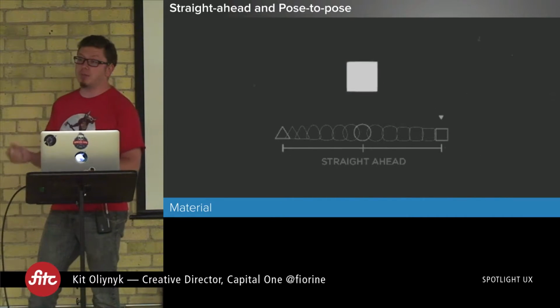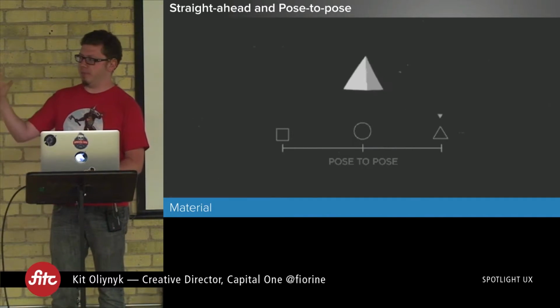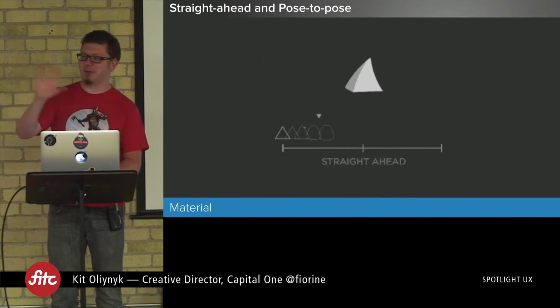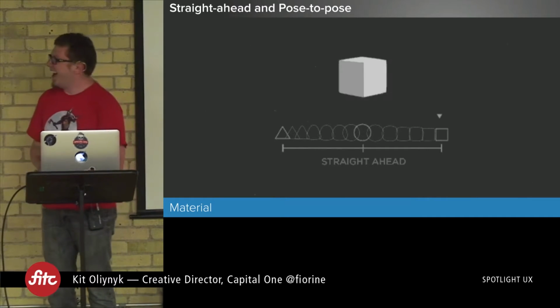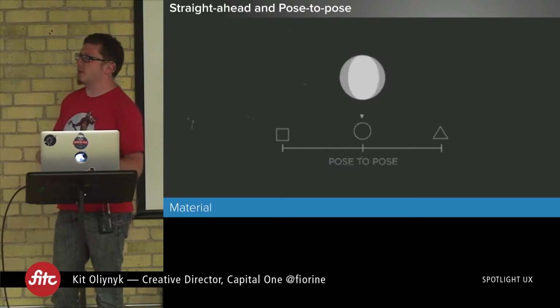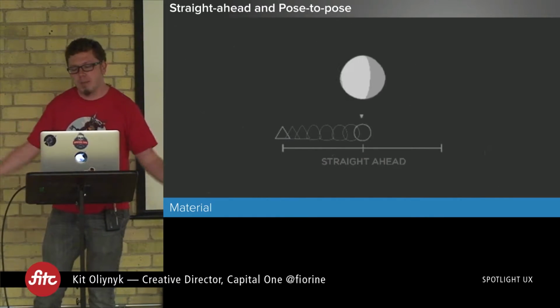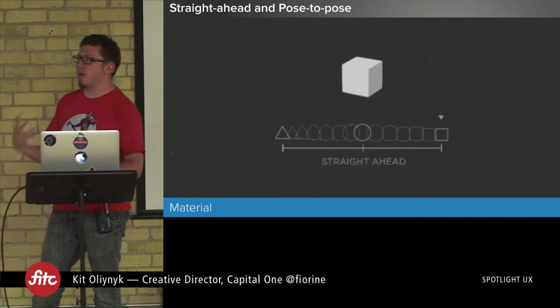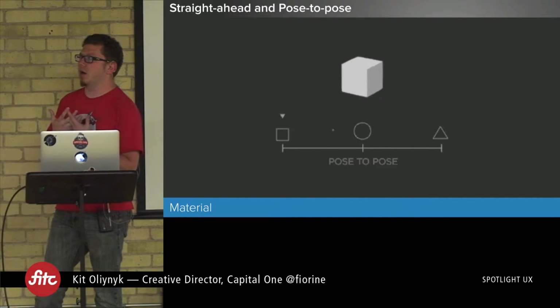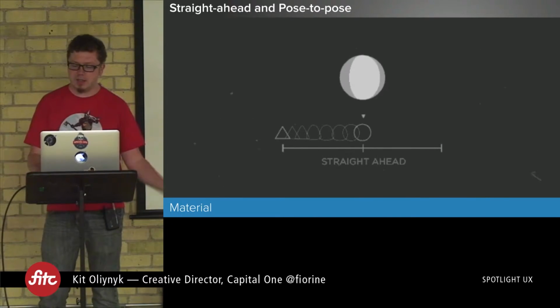So if you choose just one parameter, take scale or position or opacity, that would be pose to pose. But if you want to create something really cool and complex and unique, you can orchestrate multiple transitions and many different object parameters, and by doing so you employ the straight ahead technique.